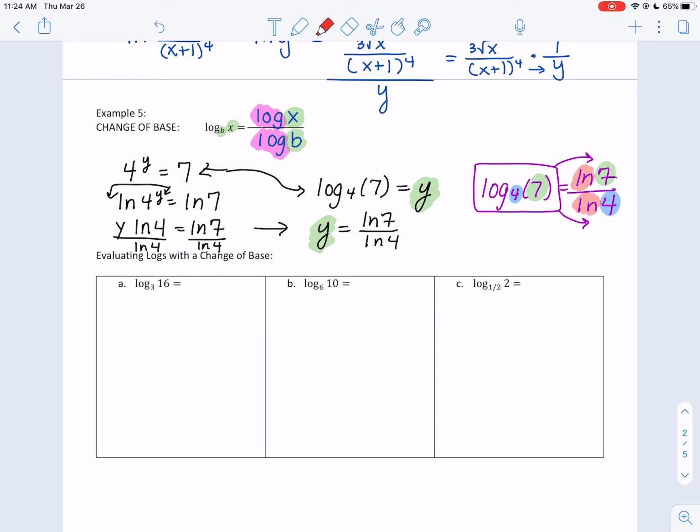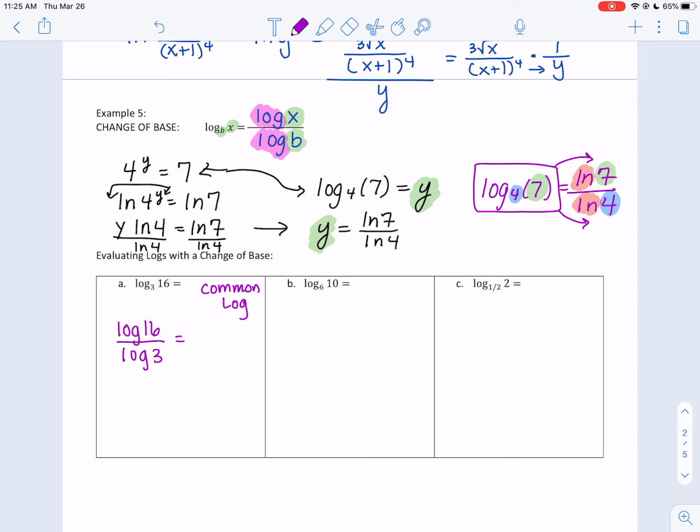So as we continue on and we look at these last three examples, if you want to take this and rewrite this as two separate logs by changing the base, let's say I wanted to change it so the base was a common log. We can rewrite this as log 16 divided by log 3.